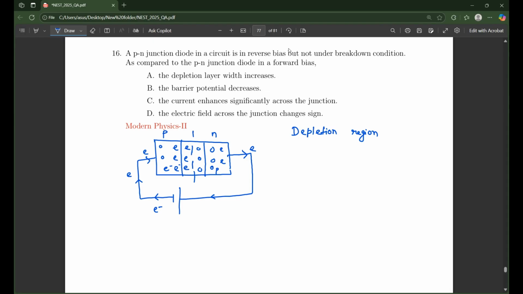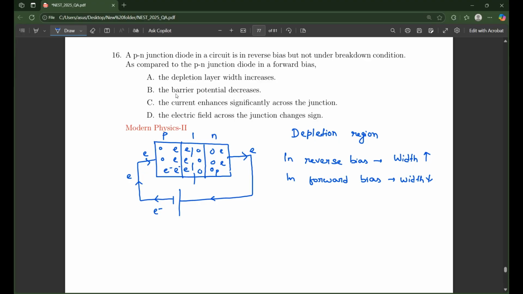That's why in reverse bias the depletion region width increases, while in forward bias the opposite happens, and the depletion region width decreases.